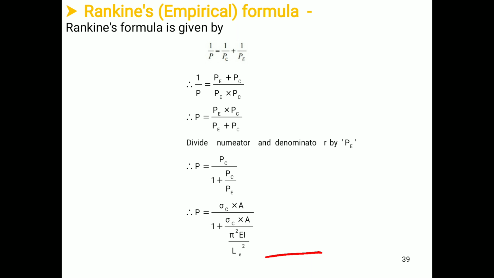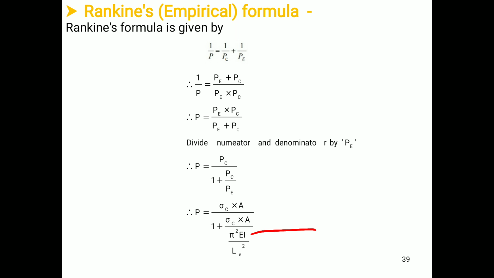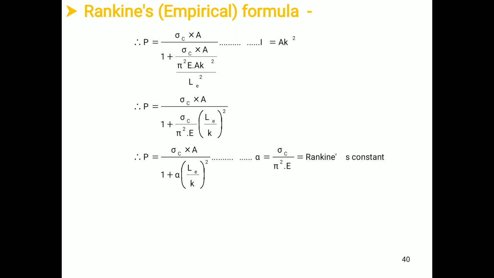This equation we have from putting the value of Pc and Pe. After that we put the value of I equal to A into K square, where A is the cross sectional area and K is the least radius of gyration. On putting the value of I into this equation, we will get this equation.